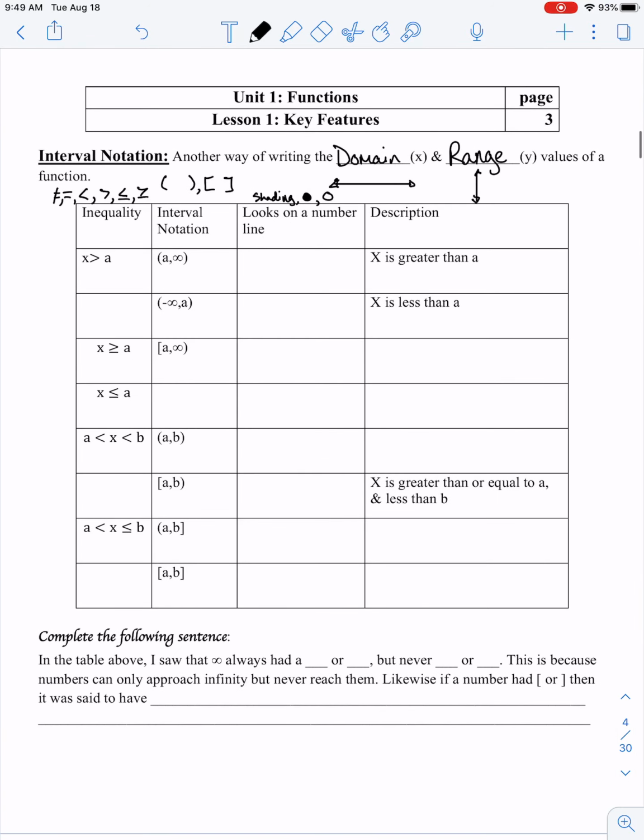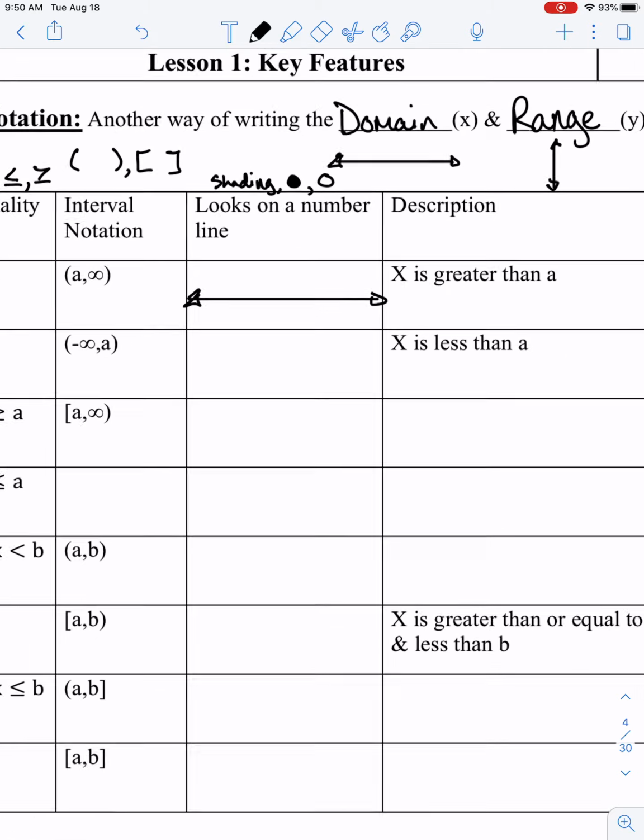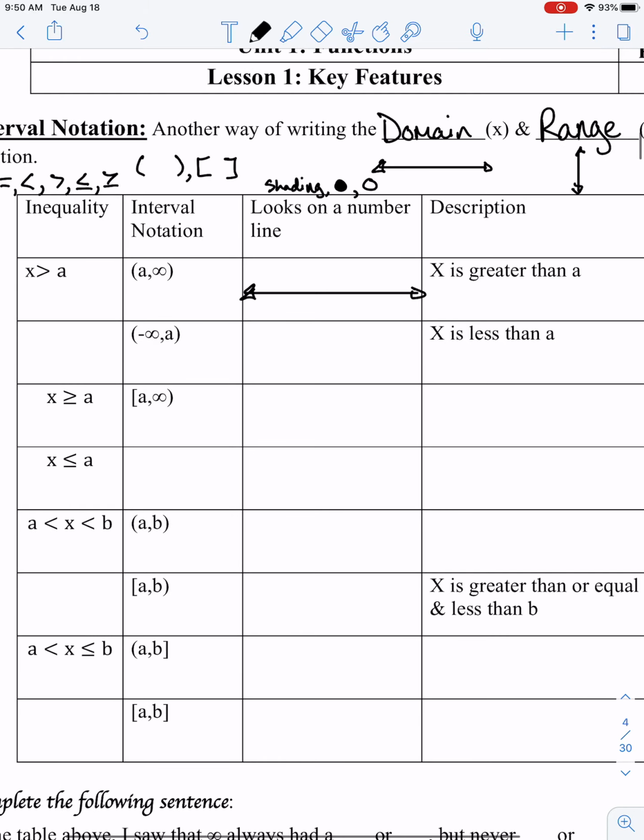Okay. So x is greater than a. Now on a number line, I need some x, my variable is bigger than a. So if you just randomly go in and put in a, now the number that x is being compared to is going to be where your dot goes.